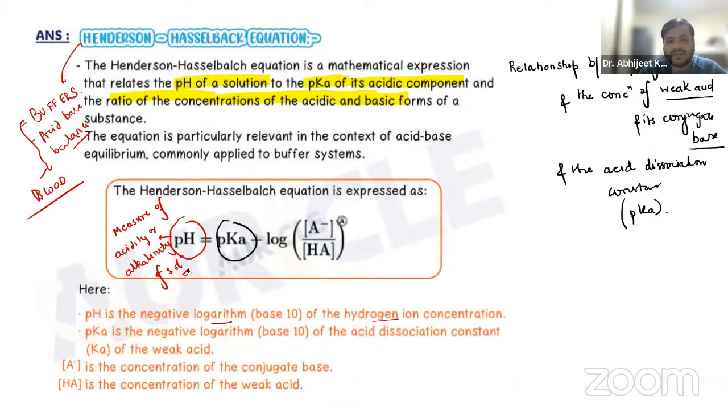It is the negative log, base 10, of H plus concentration, and it decides the acidity and alkalinity. pKa stands for the acid dissociation constant, which reflects the strength of the acid.